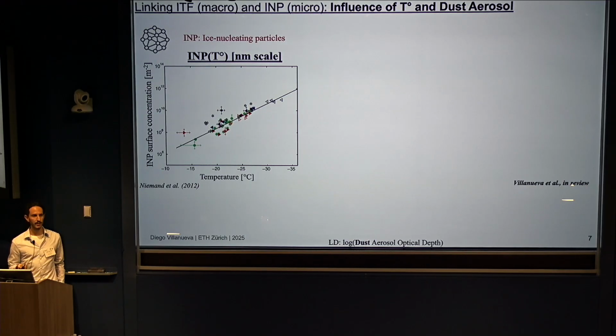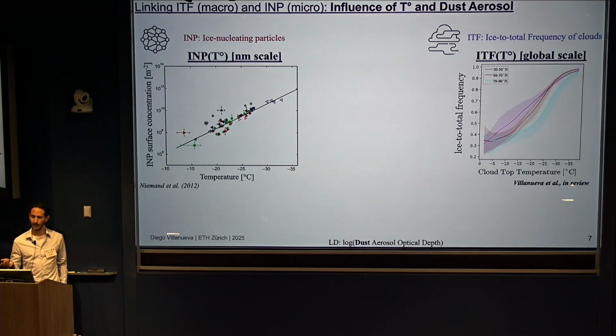And we can measure this, and we have a number for basically relating the active sites of these aerosols. And we can also measure this for different materials. So we know dust is actually a really good INP.